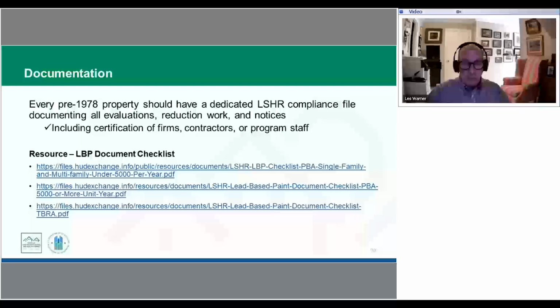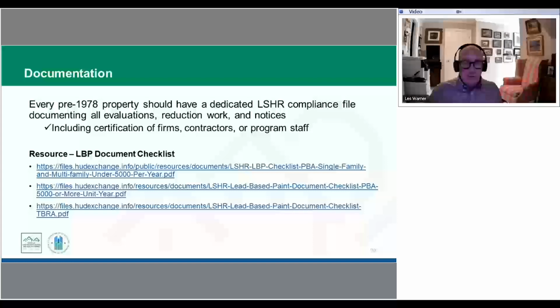So we have a number of resources that we want to point out here. There's a checklist for project-based assistance, a checklist depending on the level of funding, and also one for tenant-based rental assistance. For a lot of folks, you probably already have your own file checklist, so think about whether you can integrate the lead-based paint requirements that we've been highlighting.